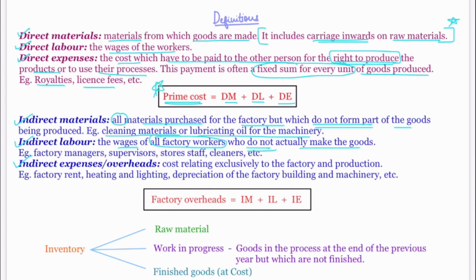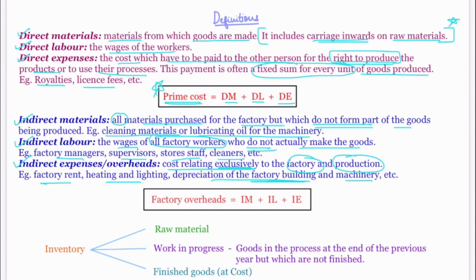It includes factory managers, supervisor salary, stores staff, cleaner salary, etc. Indirect expenses or overheads are the costs relating exclusively to the factory and the production. It includes factory rent, heating, lighting, depreciation of factory building and machinery, etc.